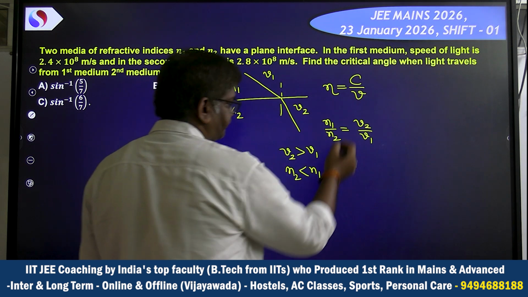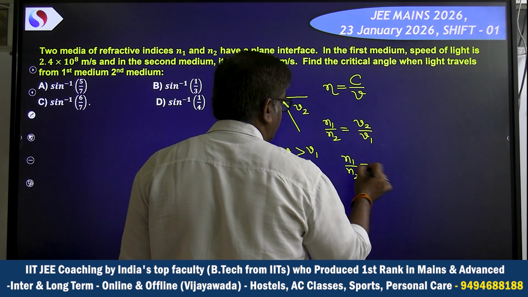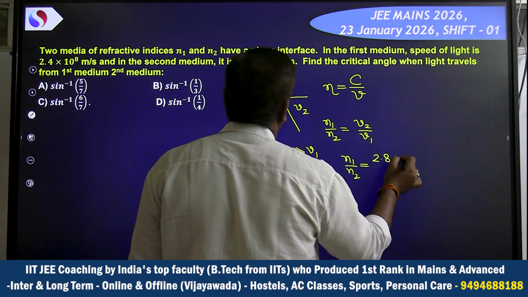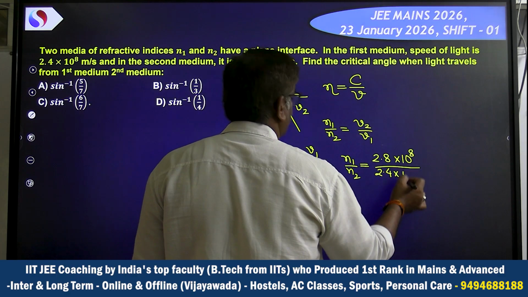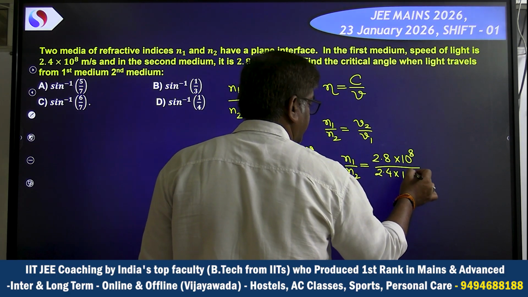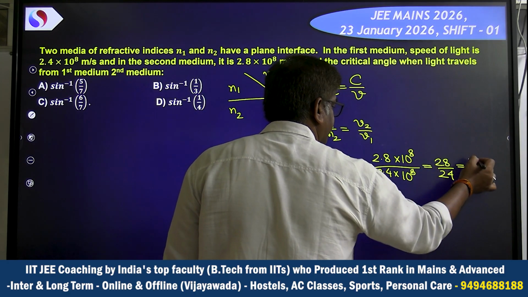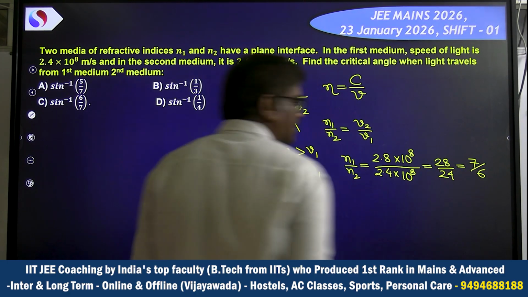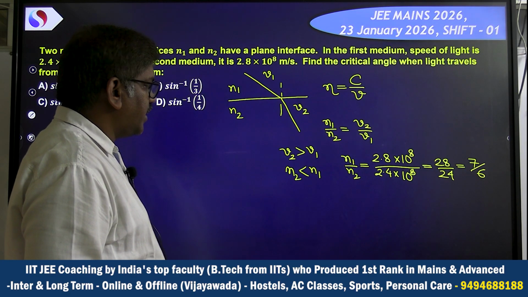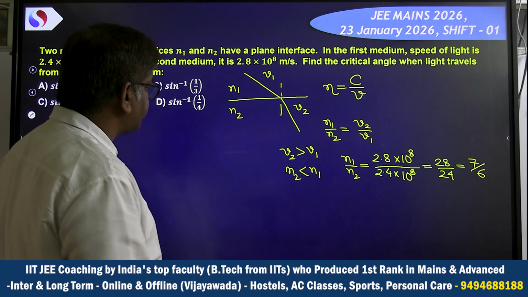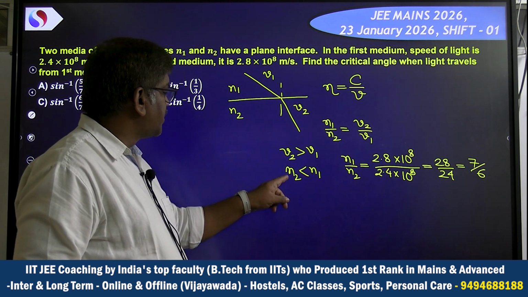That is why we can write N1 by N2 is 2.8 into 10 to the power 8 divided by 2.4 into 10 to the power 8, that is 28 by 24. If I simplify, it is 7 by 6. So N1 is denser and N2 is rarer.